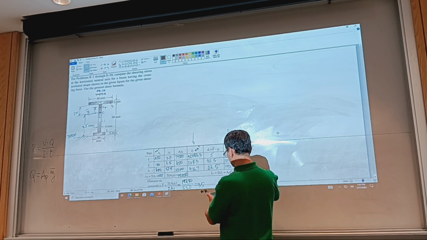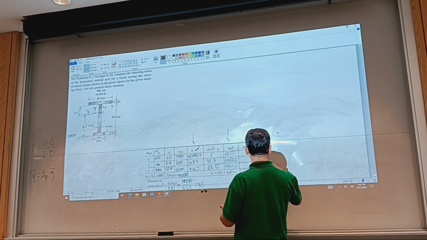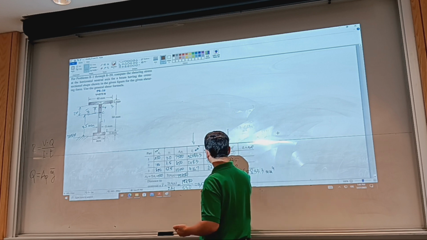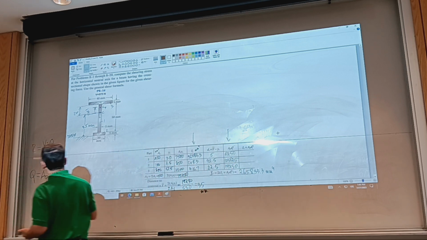Okay, so the total area moment of inertia is 265833.3 millimeters to the power 4.